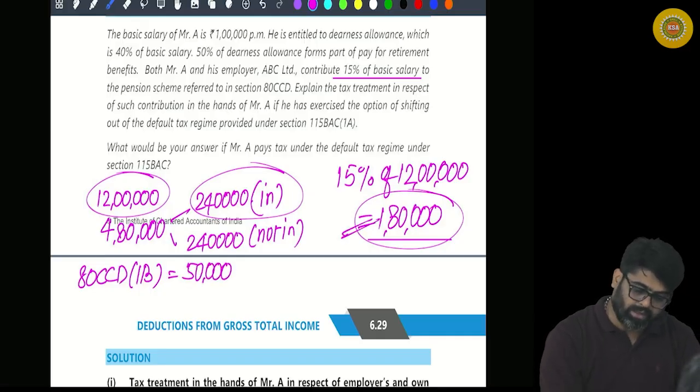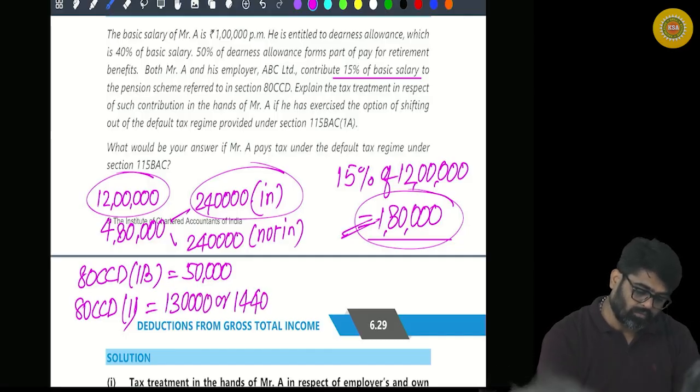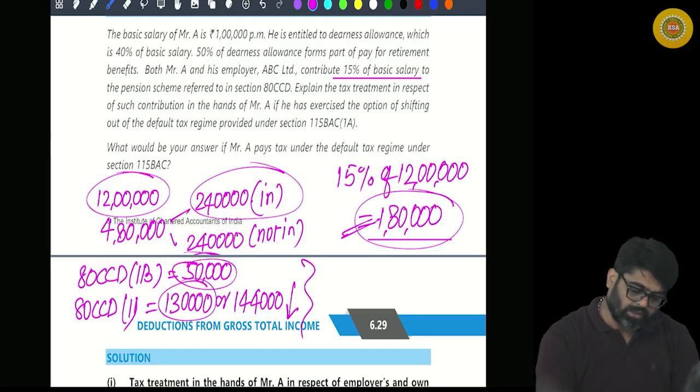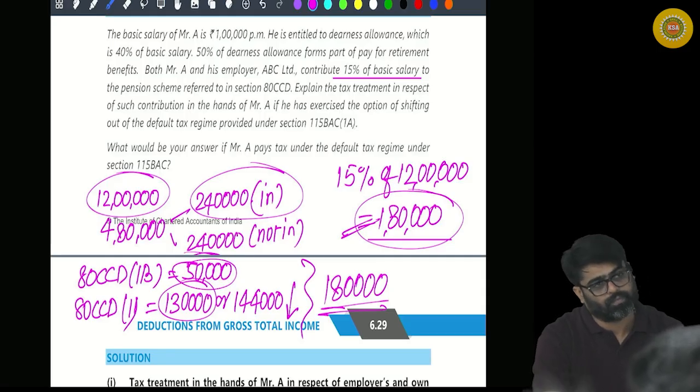Out of 1 lakh 80, you can claim 50,000 here, and under 80 CCD 1, you can claim either 1 lakh 30 or 1 lakh 44,000, whichever is lower. Taken together, your total deduction will be 1 lakh 80. And this will be allowed only if you shift out of 115 BAC.